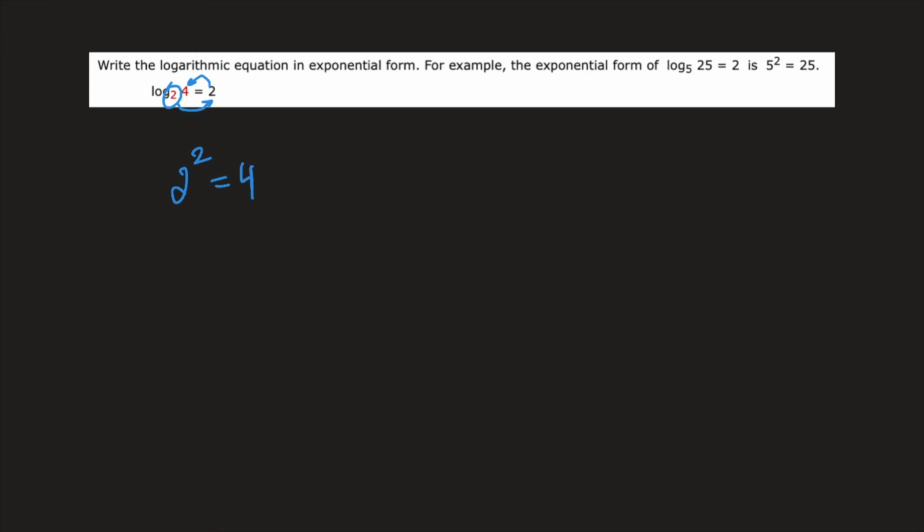And that is just simply writing it in an exponential form. Same applies going backwards. Let's say I had this exponential form and I wanted to write the logarithmic form. I would just say log of base 2, I start here going counterclockwise, of 4 is equal to 2.